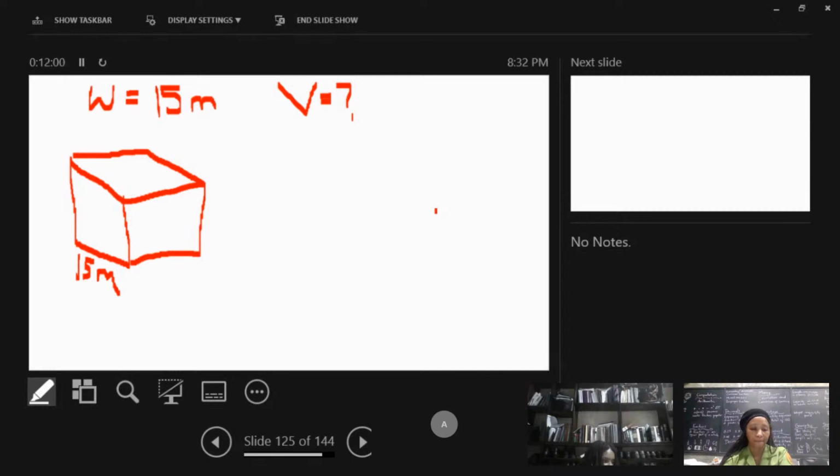Oh, Miss, it's a cube. It's a cube. Okay. That's right. So, Miss, the sides are all equal. So, Miss, it would be 15 times 15 times 15. All right, so the volume would be 15 meters times 15 meters times 15 meters times 15 meters.